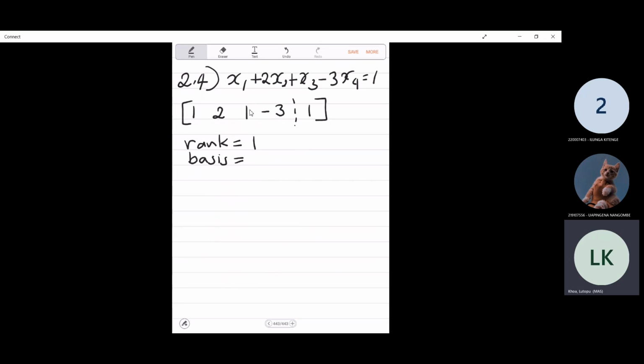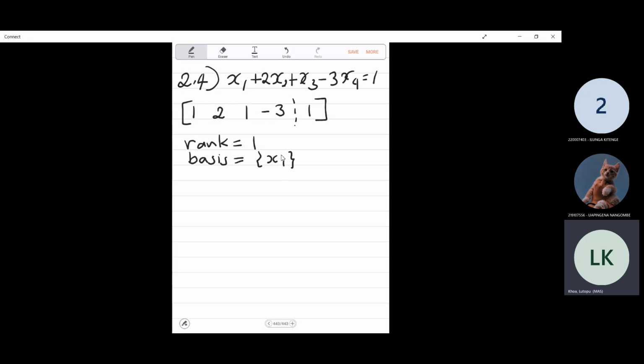So the basis that you pick, it doesn't matter which variable you pick. So here I will pick the first one, so my basis is x1, but x2 is also a basis, x3 and x4, they're equally the same. So here, this is a basis, it's not the basis, it's not the only one.